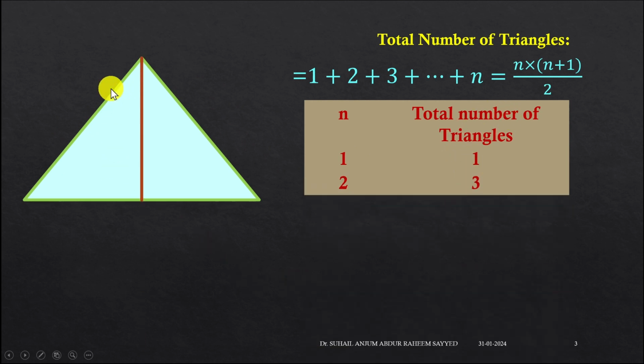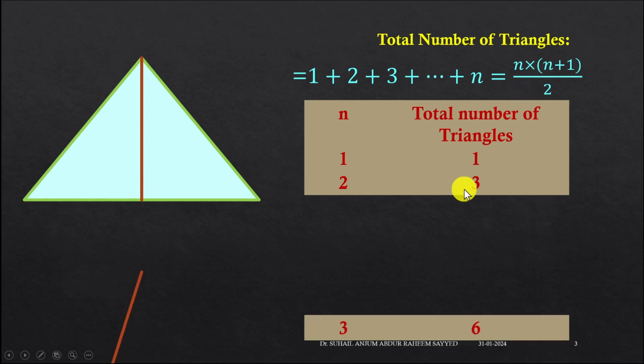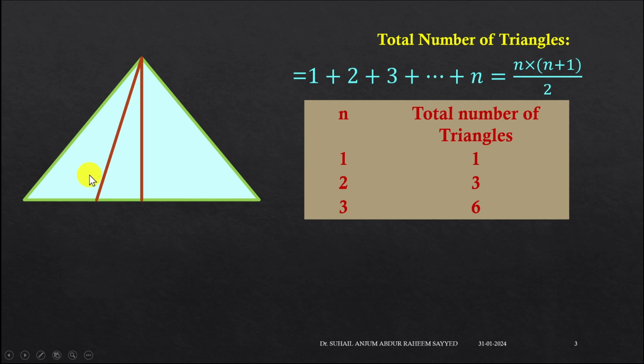Now suppose there are two triangles, so this triangle is divided into two parts. Then if you put n equal to 2 in this formula, this will be 2 multiplied by 2 plus 1, divided by 2, so it comes out to be equal to 3. Now if you divide this into three parts, 1, 2 and 3, then we have n equal to 3.